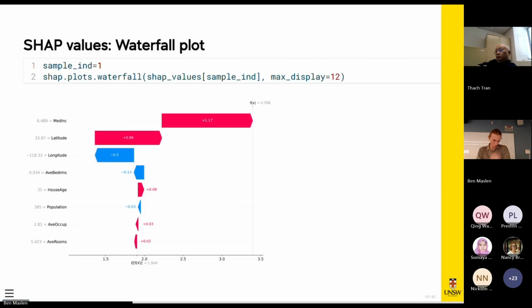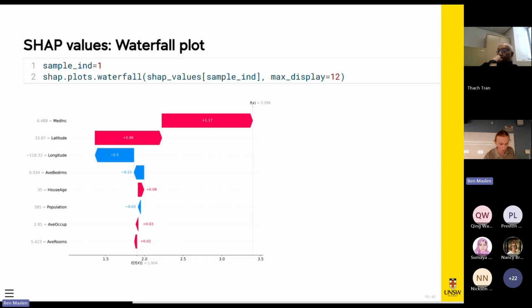So what we've got here is what's called a waterfall plot. This is for one sample in our data set, so this is for one block of houses. And the way that you read this is from bottom to top. At the bottom, we start out at our expected value of f of x, which is our average predicted value.